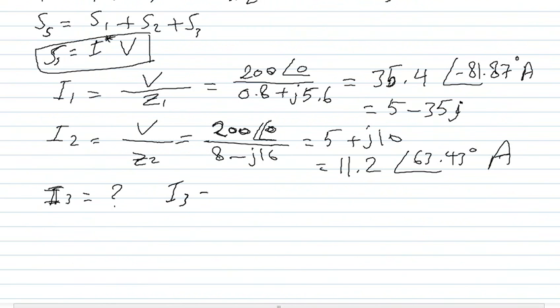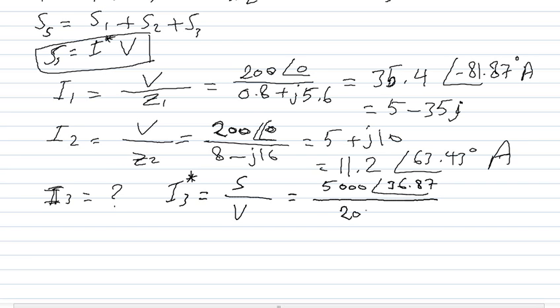So the current I3 conjugate will be equal to S over V, which is equal to 5000 with an angle 36.87 over 200 with an angle 0. So I3 conjugate is equal to 25 ampere with an angle 36.87 degree ampere.